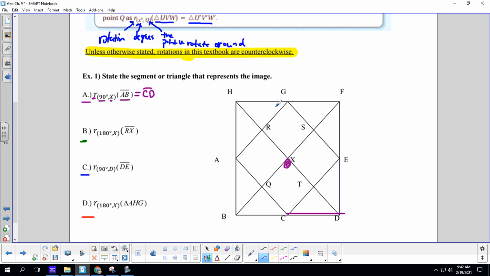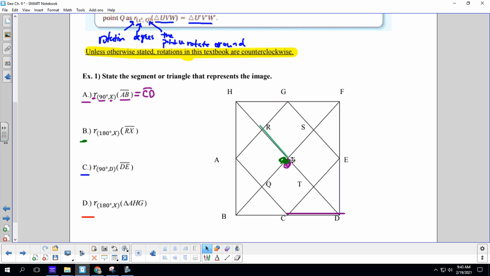Okay, we're going to do that same thing. We're going to rotate with r, 180 degrees around point X of the line RX. So let's find RX. He is right here.